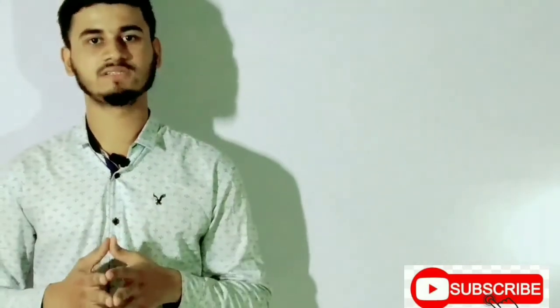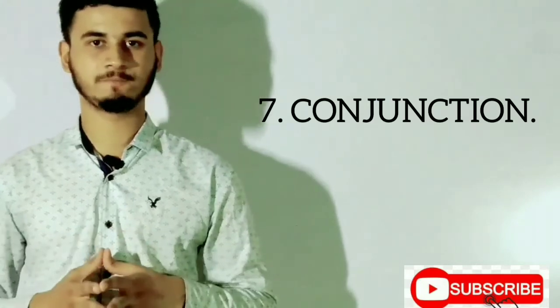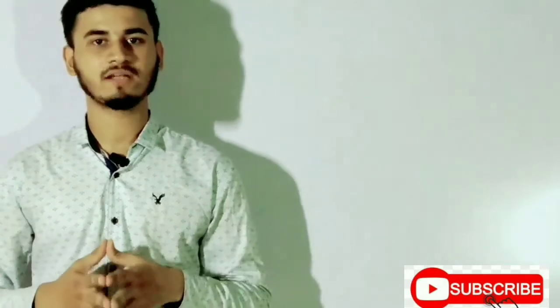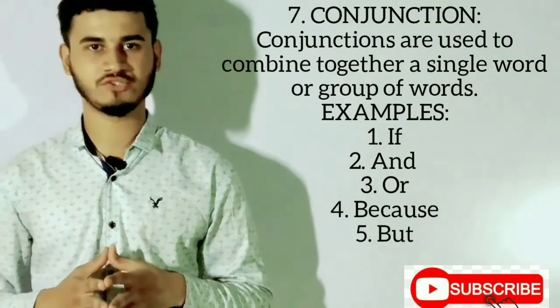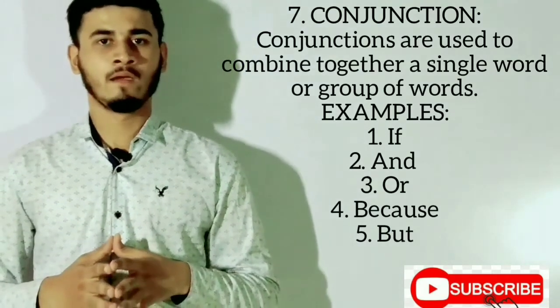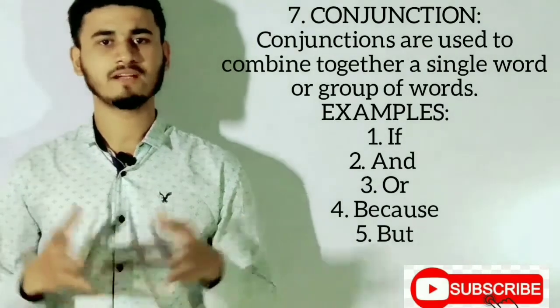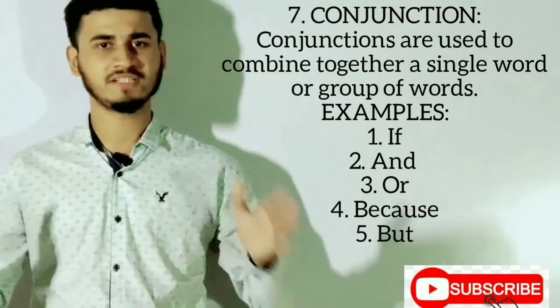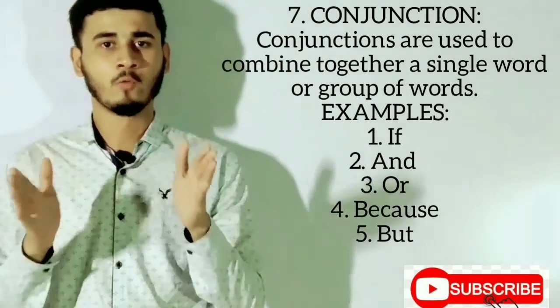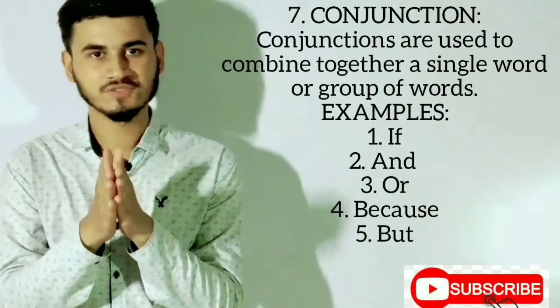So let's move towards the seventh part, that is conjunction. What is conjunction and what is the concise definition of conjunction? Conjunction combines together a single word or a group of words in a sentence. Conjunction जो है words को combine करने के लिए use किया जाता है.